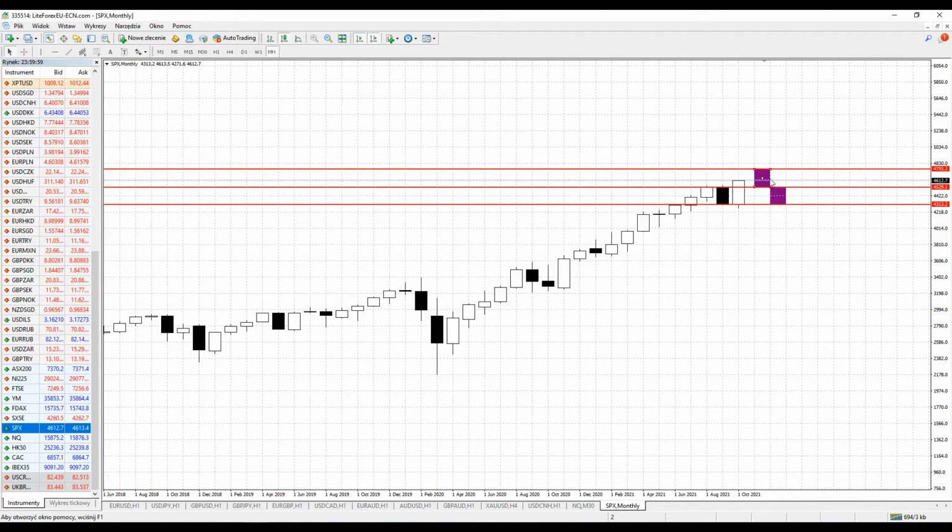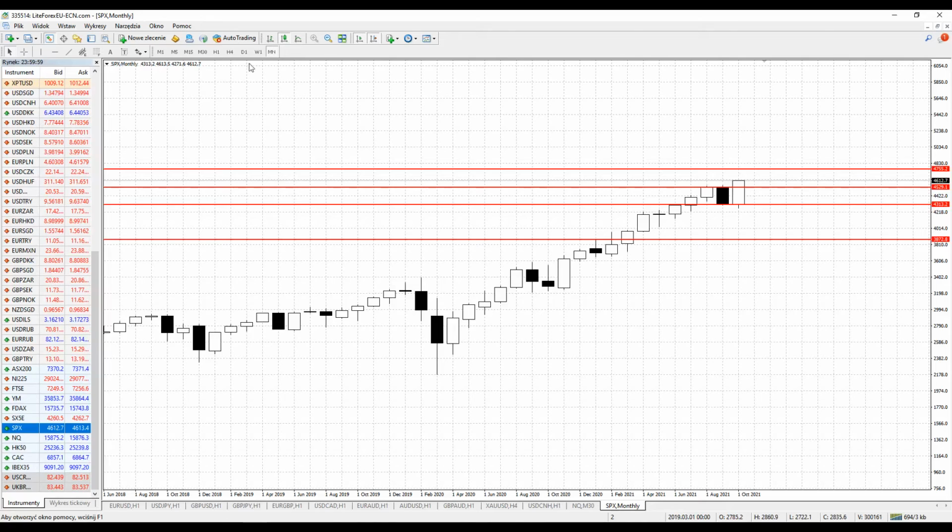Okay, looks nice. Now, what about the downside target? Well, things are going to be ugly below 4,300. Then we might easily open 3,875.